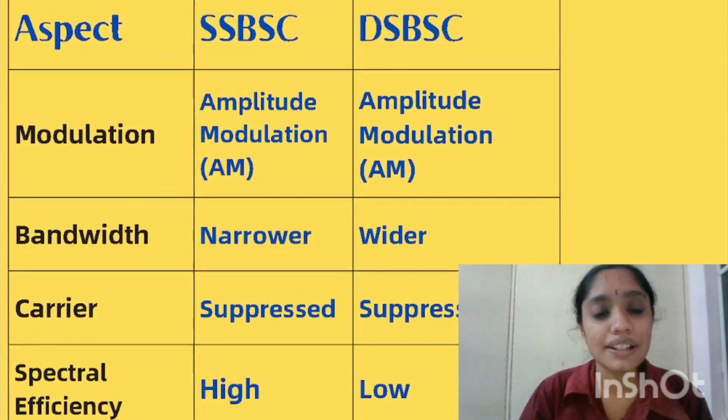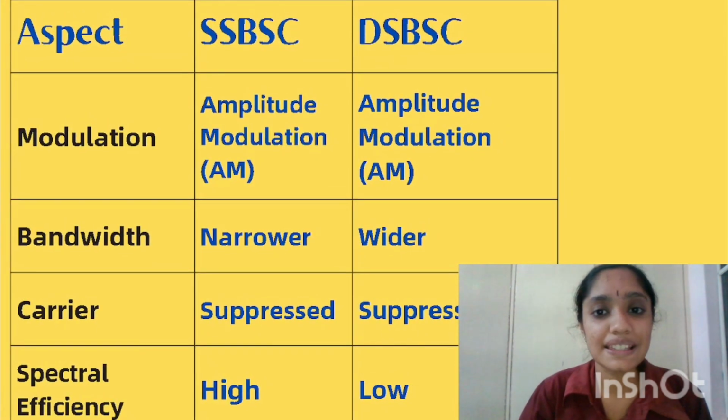The modulation is the same for SSBSC and DSBSC. The bandwidth in SSBSC is narrower and in DSBSC it is wider. The carrier is suppressed in both of the cases. The spectral efficiency is very high in SSBSC and very low in DSBSC.